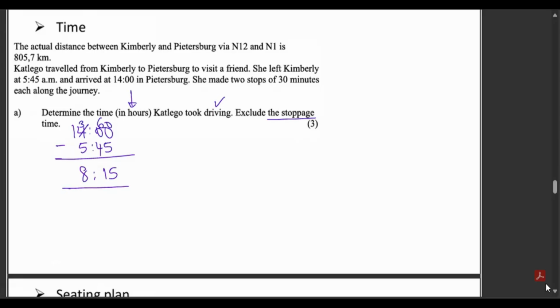So this is the time he spent on the road. Minus 30 times 2, which is 1 hour. So we shall come here, subtract 1 hour. So he spent 7 hours and 15 minutes.